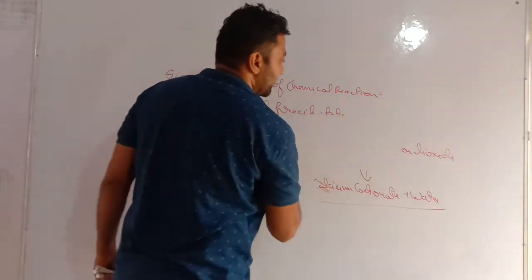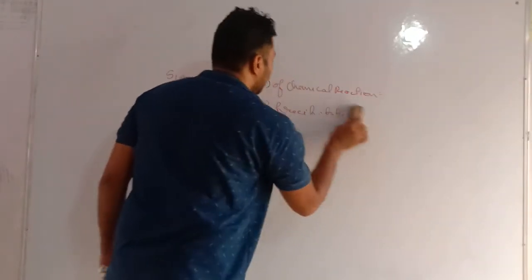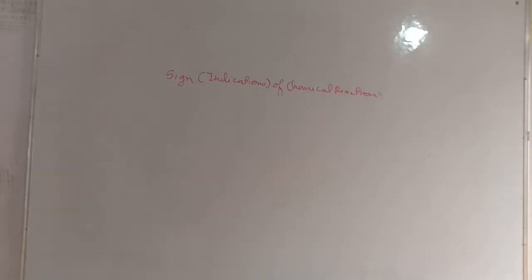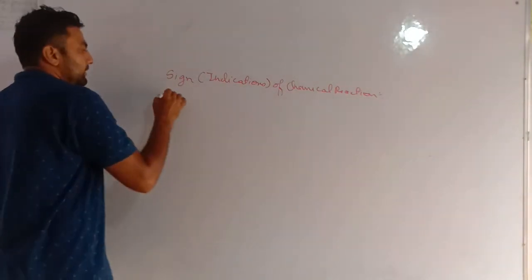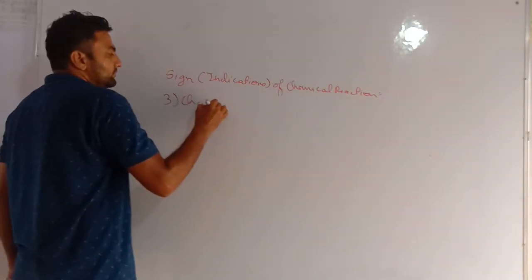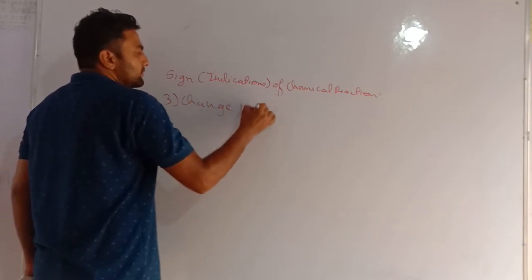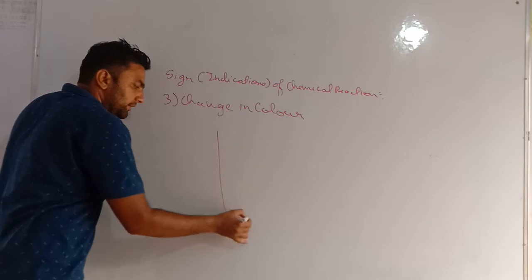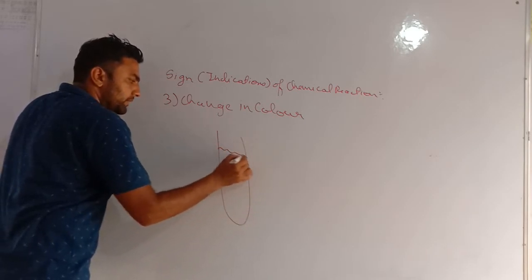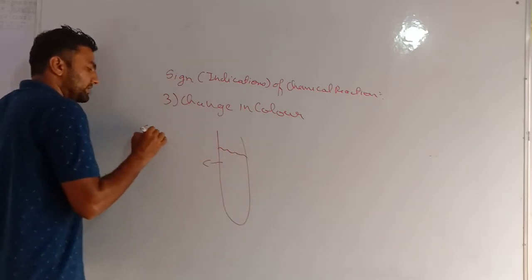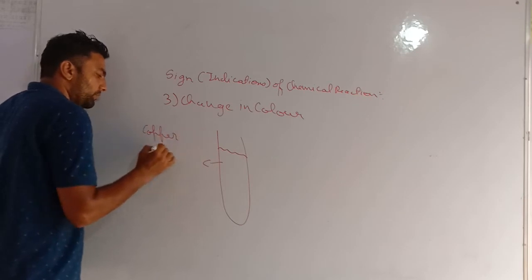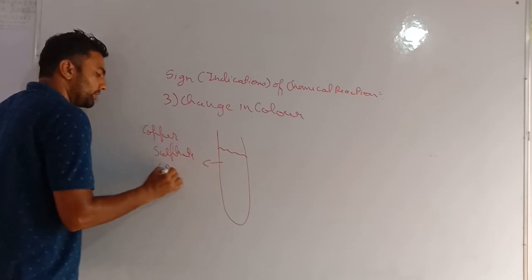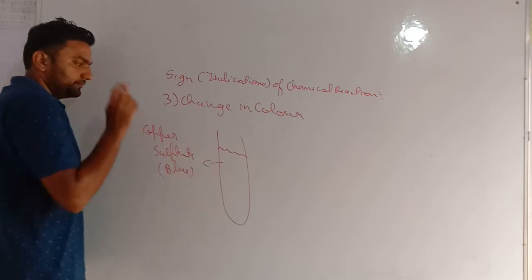We are very much familiar with this process. We have done many reactions regarding this in 7th and 8th standard. Change in color. If there is a test tube and copper sulfate is in it, we all know copper sulfate is blue in color.